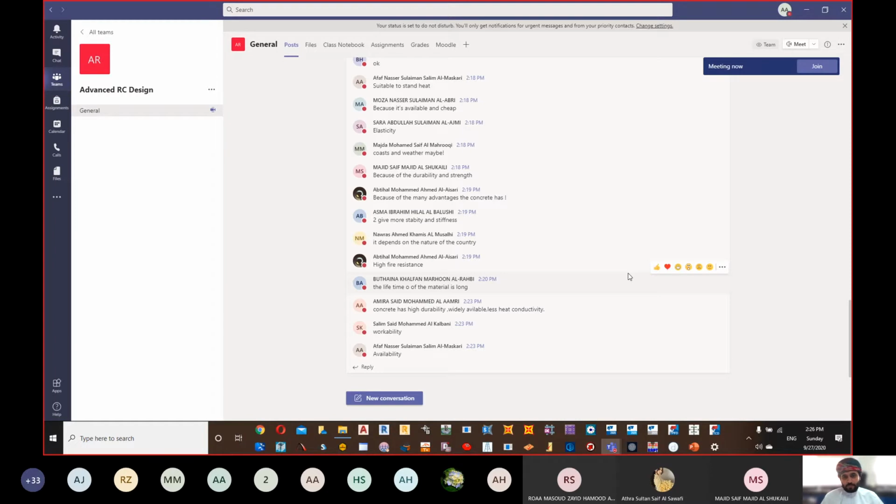Okay. So when it comes to fire, steel is not good because its origin is not able to withstand fire. While with concrete, the raw materials, which are gravel, sand, and cement, are not easily affected by fire. Yes, after a certain time they will be affected, but they are not directly affected by fire.